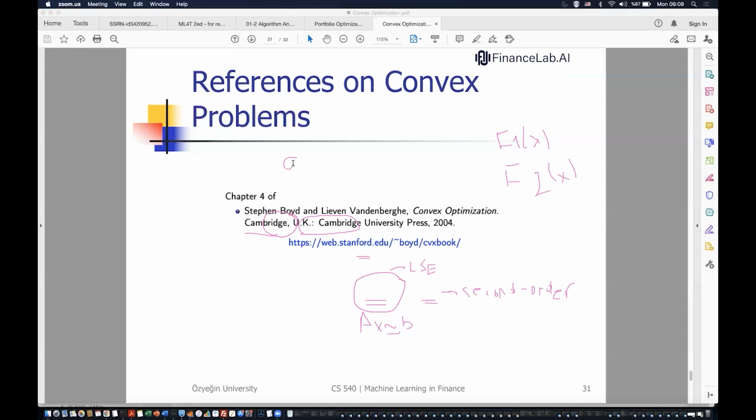So the affine function, for a given vector, is a transpose x plus b. It's basically a linear form plus some constant. The x vector is scaled by some vector a transpose, and a constant b is added as a result. So this is an affine function for a vector.